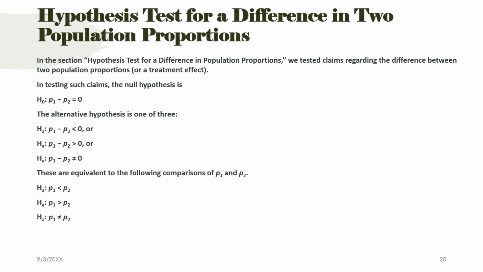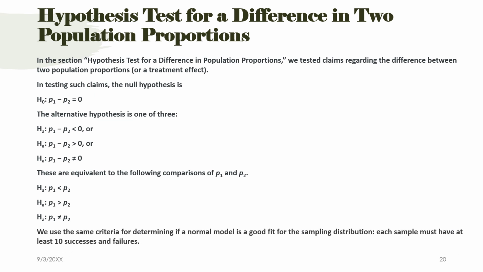These are equivalent to the following comparisons of P1 and P2. We use the same criteria for determining if a normal model is a good fit for the sampling distribution: each sample must have at least 10 successes and 10 failures.